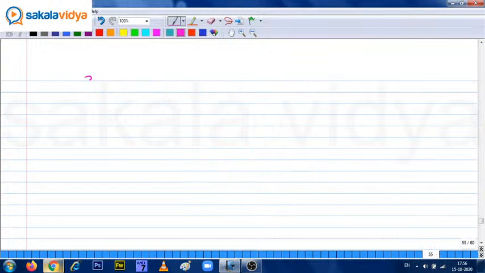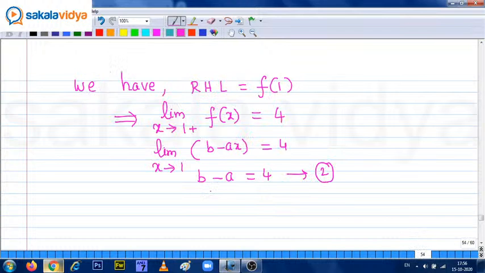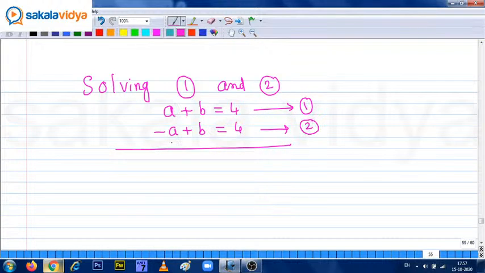Now solving 1 and 2. The first equation is a plus b equals 4. The second equation is b minus a equals 4, so minus a plus b equals 4. Adding equations 1 and 2, a gets cancelled. 2b equals 8. Now b equals 8 upon 2, so you get 4.